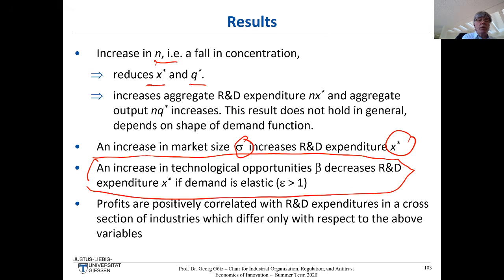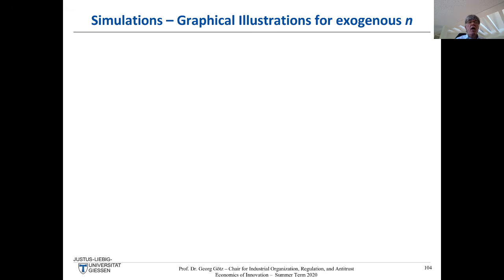So that's what it means in terms of profits being correlated positively with R&D expenditures. However, that's no causality. It doesn't mean that these firms earn higher profits because they spend more on R&D, but they earn higher profits and spend more on R&D because market size is larger.